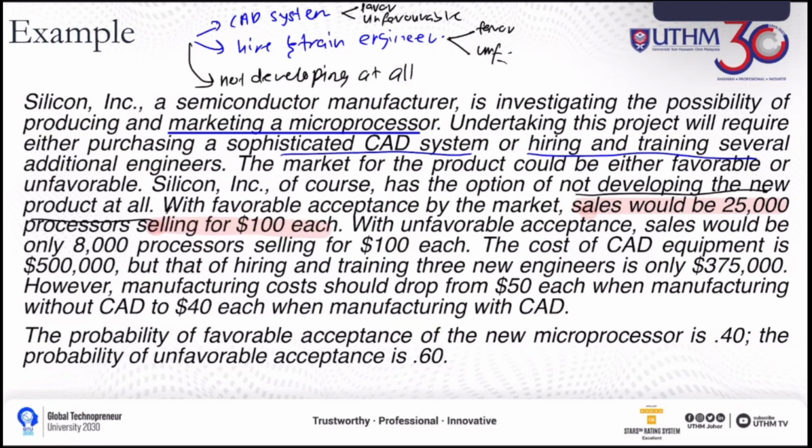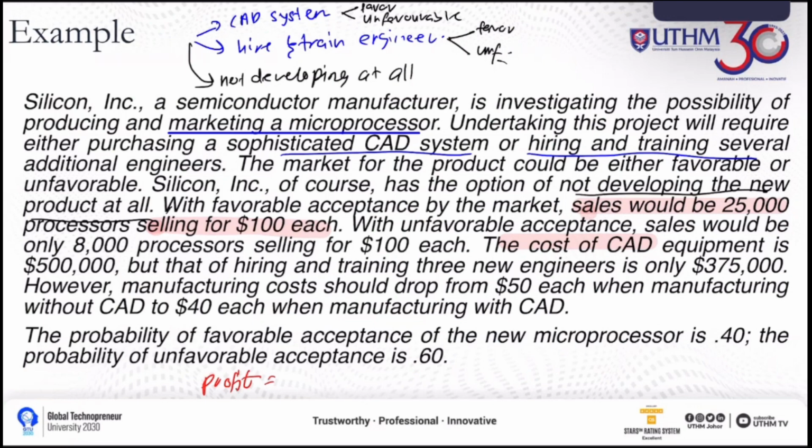They have a selling price and also they have cost. So if we have selling price and cost, we have revenue and cost, and of course this is about the profit. So at the end, you need to calculate the profit. So that is your objective.